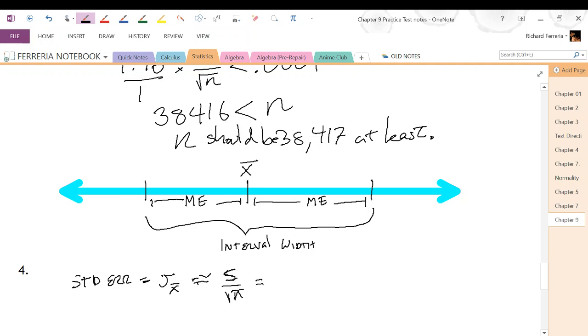Okay, so what is S? S is 15. What is n? 9 men. So 15 divided by square root of 9 should be 5. So the x bar is just given to confuse you.